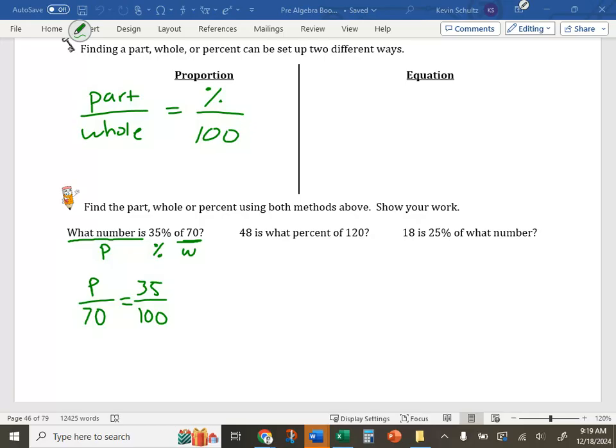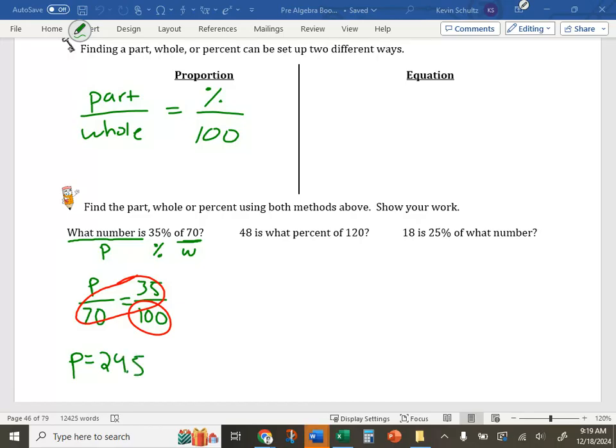Okay, what method would you use? Cross products. Yeah. So with a calculator, go ahead, use cross products on this method here. 70 times 35 divided by 100. 24.5. Do I have a second on that? Yeah, okay. So our part equals 24.5.